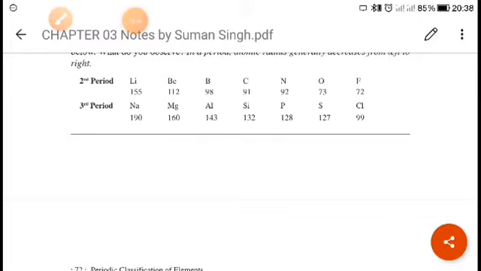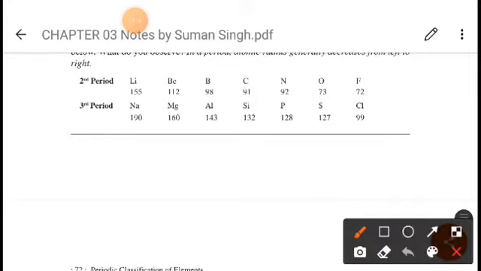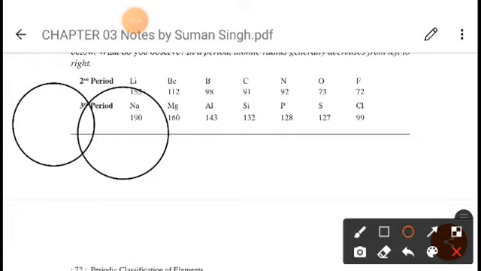It may be noticed that the covalent radius of an atom is much smaller than its van der Waals radius. What is van der Waals radius? Let me draw here so that you can easily understand. Suppose we have two molecules of the same substance. One is this, one is this, and they overlap like this.